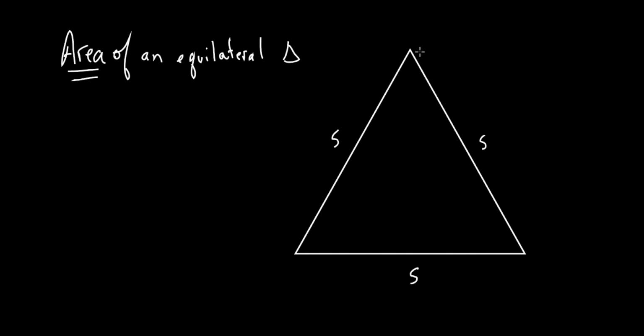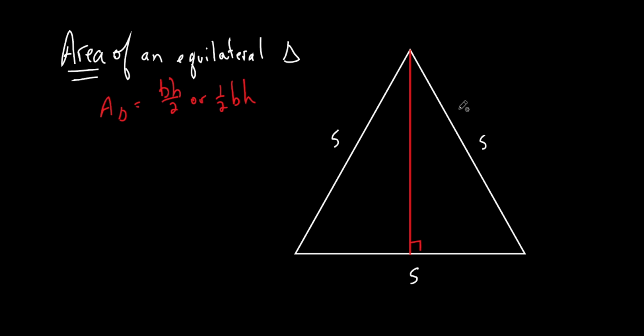It seems like I always run out of time. So what is the area of a triangle? The area of a triangle is base times height divided by 2, correct? Or you could write it as 1/2 the base times the height. So let's come up with a formula that we can use when you have an equilateral triangle.